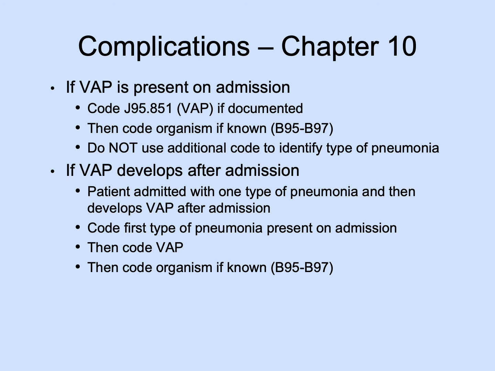If VAP developed after admission, code first the type of pneumonia the patient had when they were admitted, and then the VAP, and then the organism, B95, B97. So that tells the insurer that they had VAP when they were admitted, or they had developed VAP afterwards. Okay, so that's all the guidelines for chapter 10.